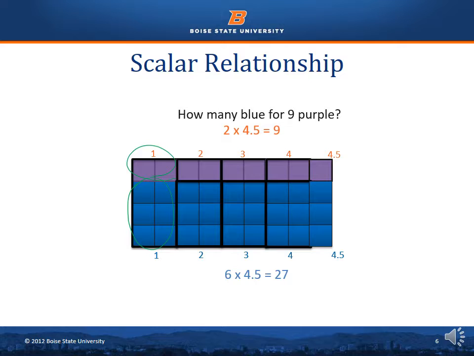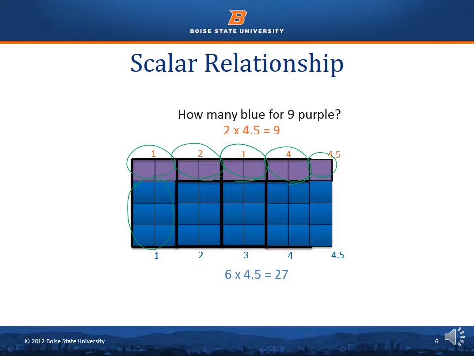In order to begin solving this problem, we begin with our original set of 2 purple squares. We would start by scaling up our quantity of purples. First we have 2, then we have 4, 6, 8. We have 4 sets, and then half of another set would give us 9 purple squares.